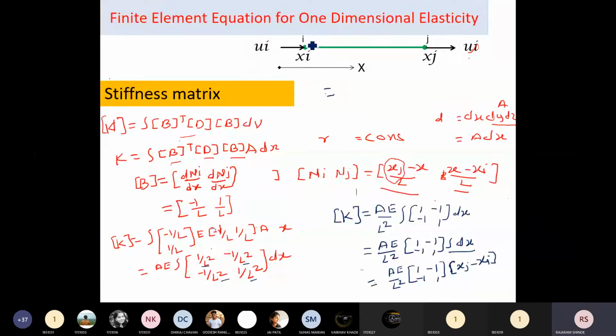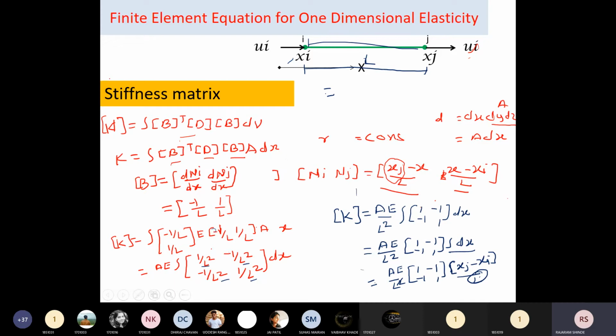What is xj minus xi? From node number i to node number j, xj minus xi is the length of the element. Am I right? So this term is L, and this L will be cancelled with one L from here.